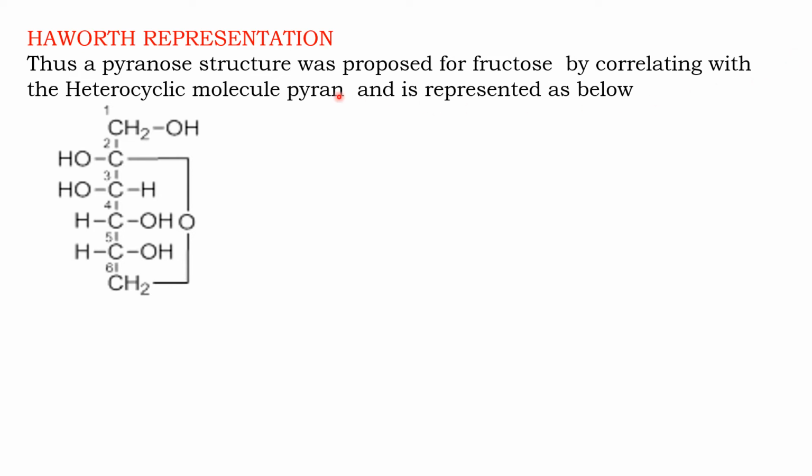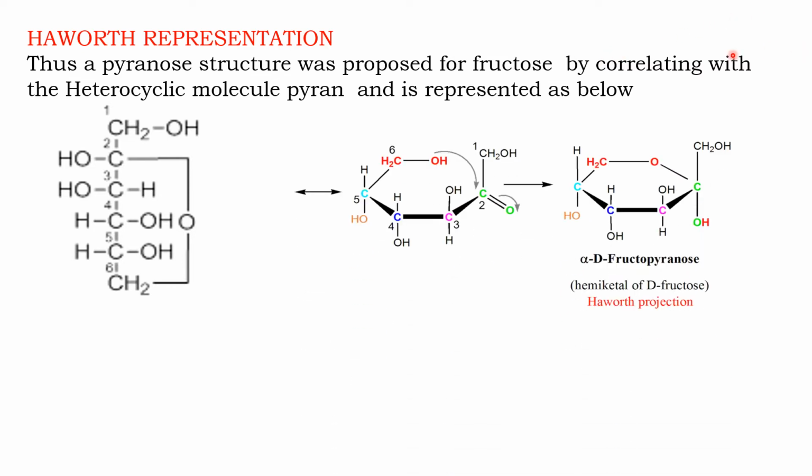So by comparing to the pyran molecule, which is a six-membered heterocyclic molecule, Haworth proposed a structure. See here, this is the first carbon atom, this is the second carbon atom. If the OH group is on the left hand side, it is beta D fructose, and if this OH group is on the right hand side, it is alpha D fructose.